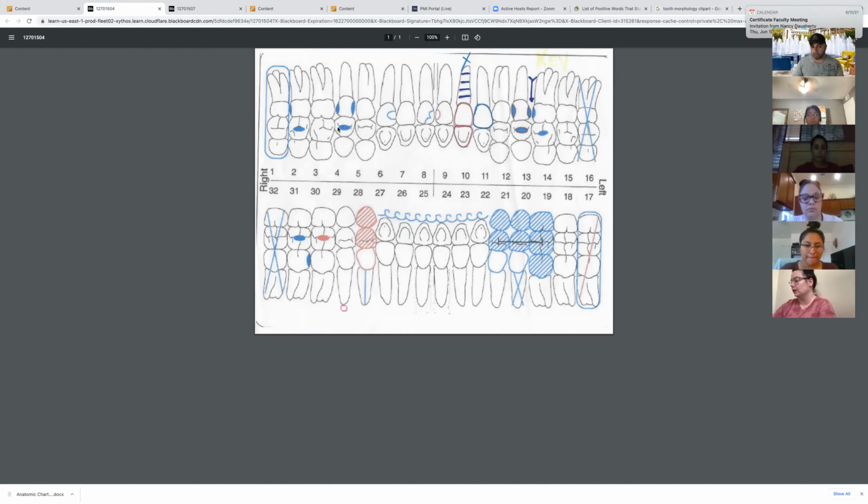What I prefer, though, is if you were to make this sort of like an H, right? So we have this here, and it would encompass the distal portion, the occlusal portion, and then also the mesial portion. It just makes it clearer.